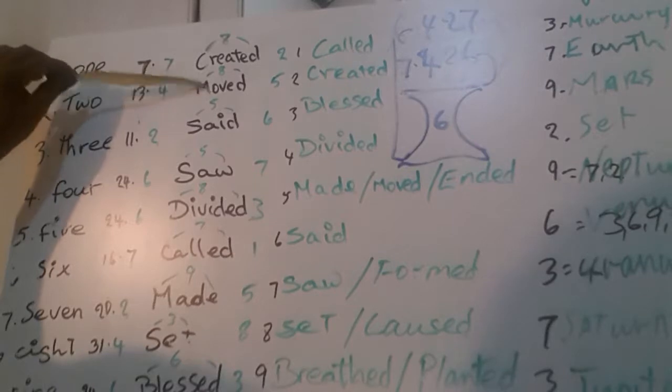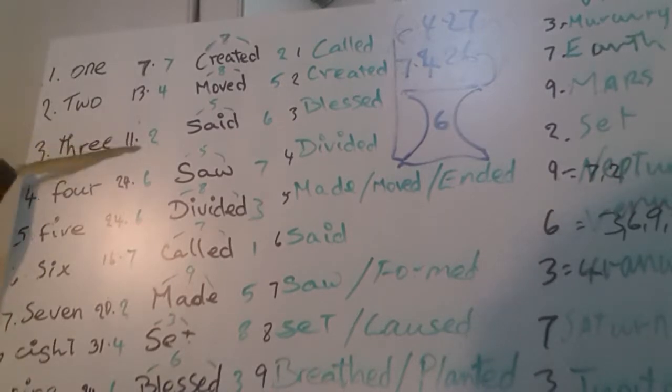And so we had the moved God followed by the said God, which is the third entry for Mother Eve, indicating again the number 3, which we indicate as the third.